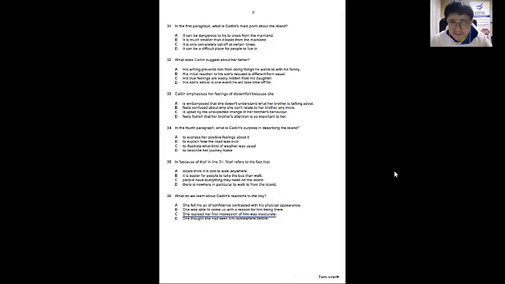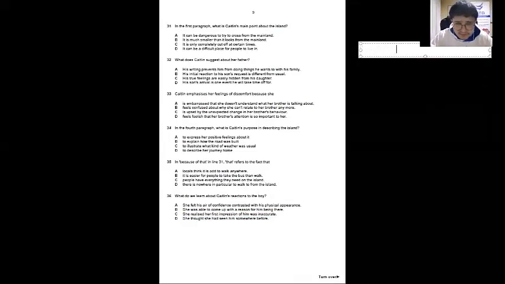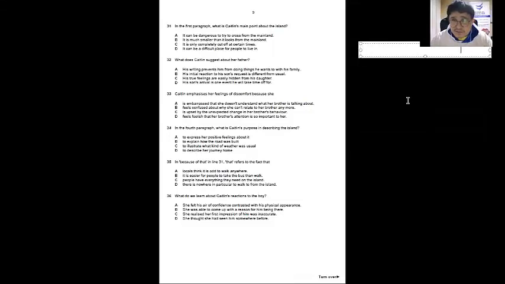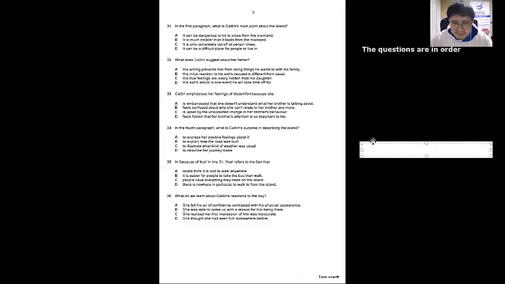So, what can we take from this part of the exam? First, that the questions are in order. They are always in order for part 5. Something else we can take is that the alternatives and the text use what we call parallel language.